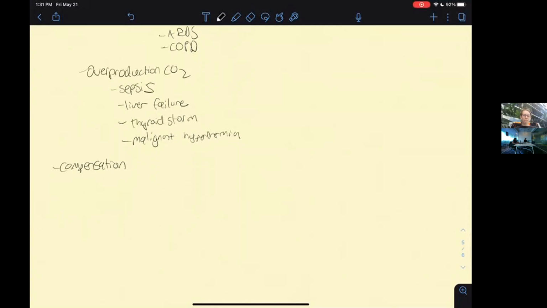So if it's an acute compensation, the blood can actually buffer for a little bit, not for too long if it's like a long-standing problem, but if there's an acute cause for the respiratory acidosis, your blood can buffer it.